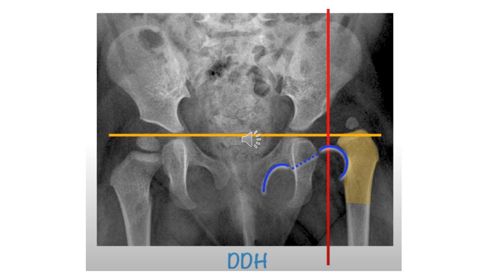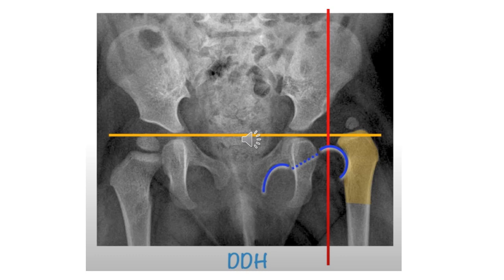This is an example of a pelvic X-ray showing left-sided DDH. First of all, before looking at the hip joints, we need to check whether the X-ray itself is adequate or not. This one is a good X-ray because both iliac wings are symmetrical, equal in size, and the obturator foramina are also symmetrical.